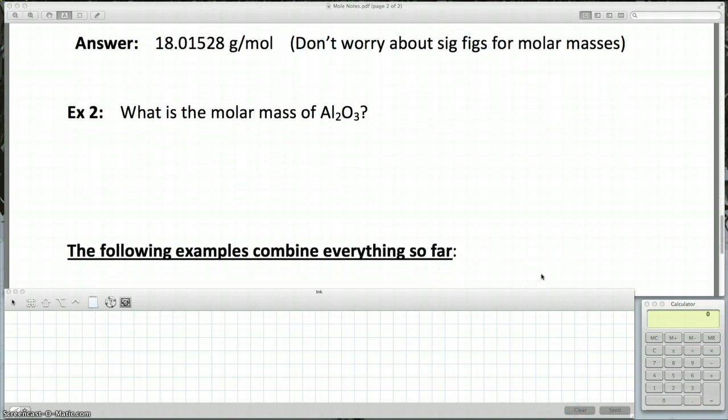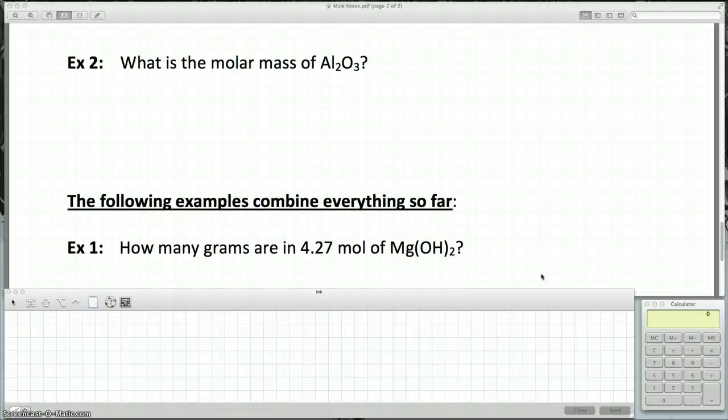Next example is kind of combining these two concepts. So let's look at this. The question says, how many grams are in 4.27 moles of Mg(OH)2? So I look at that, that's conversion, I'm given moles, I'm looking for grams, moles to grams conversion, I can do that.